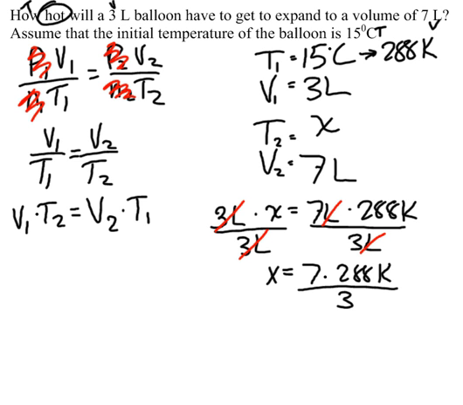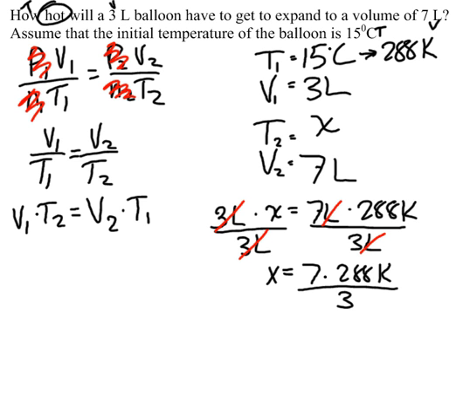Now, here's the thing. When you're doing these equations, make sure you maintain your sig figs every step of the way. So 7 times 288 is actually 2016, but you need one sig fig because there's a 7 there. So it's really 2,000.